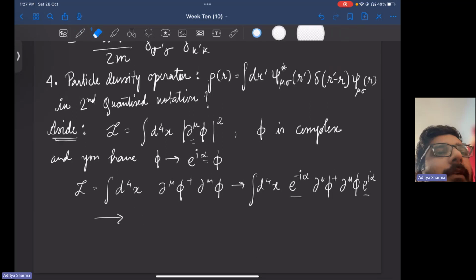So this is the symmetry of the system. Since this is a symmetry, as we read in Noether's theorem, there should be a conserved charge. This conserved charge is generally the number operator, something like a dagger k a k.